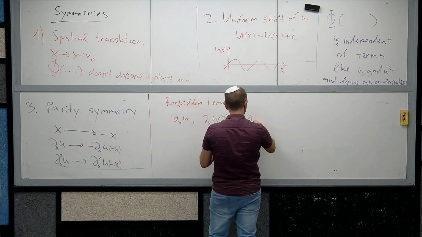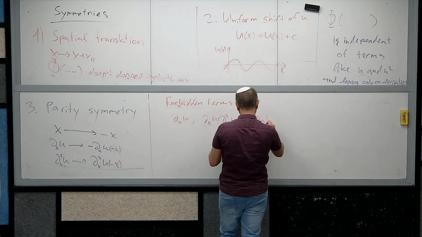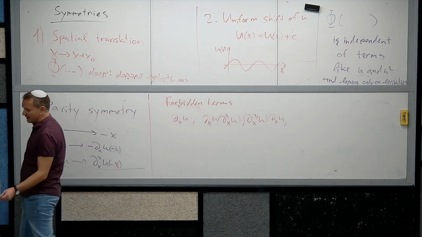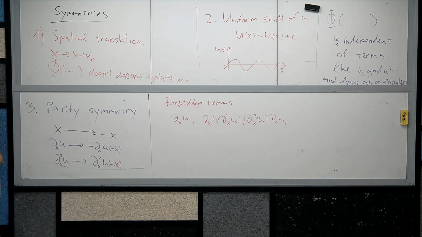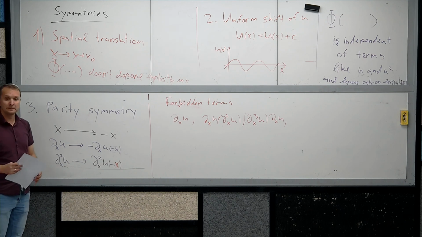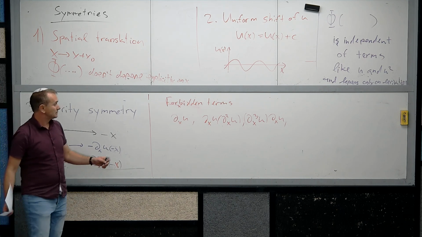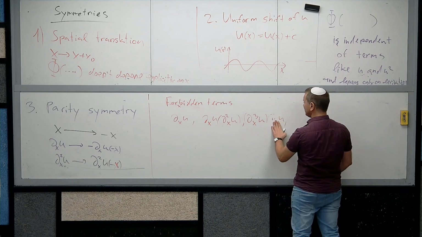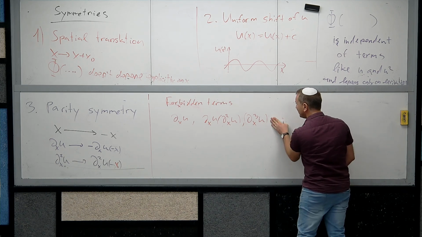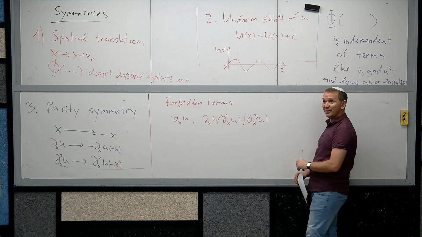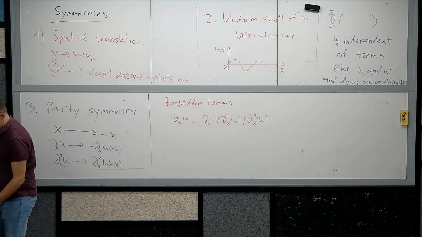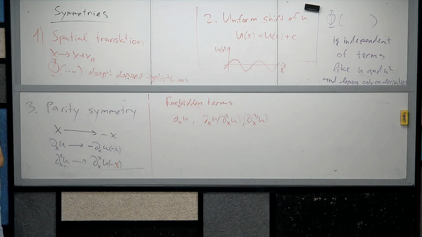I cannot have d_x to the third power of u, d_x of u, etc. So anything that flips sign due to this parity transformation is forbidden. Wait, isn't the last term allowed? Because they would all, there would be four minuses, so it cancels out. You are absolutely right. The last term is allowed. I agree with you. My fault. So whenever there's an odd number, it's forbidden.